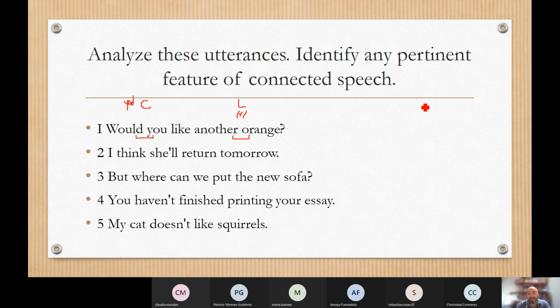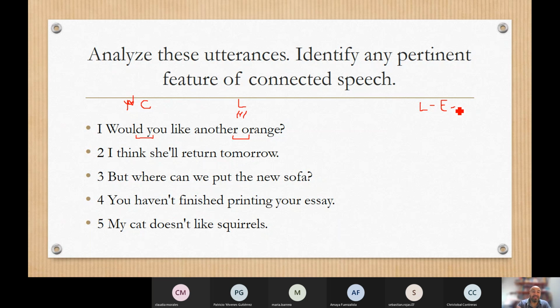What I do, that's my personal choice. You can have your own way to do this. I try to find any linking possible. Any linking R, linking Y, linking W, linking consonant to vowel, or linking vowel to consonant. So I start with linking. And then I try to find if any sound is lost or missing, if there is any elision of any sound.